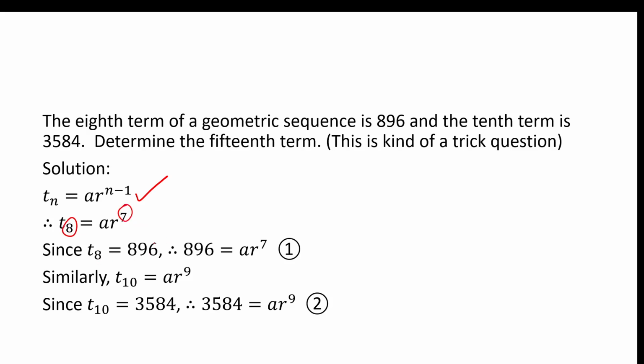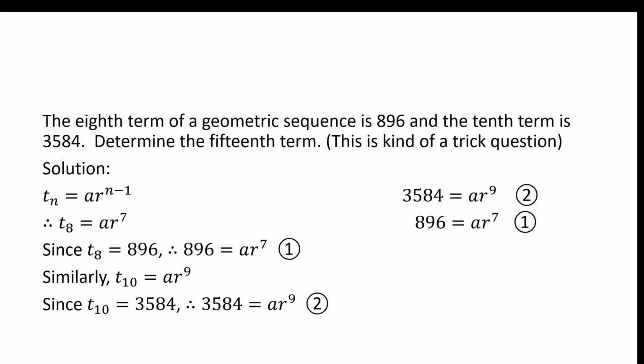And since T8 is 896, that means 896 is equal to AR to the exponent 7. Similarly, T10 will equal AR to the 9. Since T10 is 3,584, that means 3,584 will equal AR to the exponent 9.